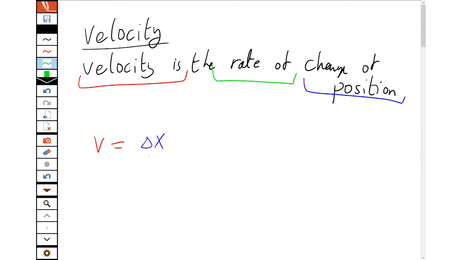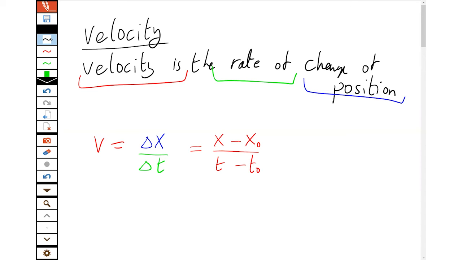Now the rate of change of anything is just that divided by the time taken. And we know any change is just the new value minus the old value. So if we want, we could write that as new position minus old position over new time minus old time. And writing out the basic formula like that will always help us work out the values.